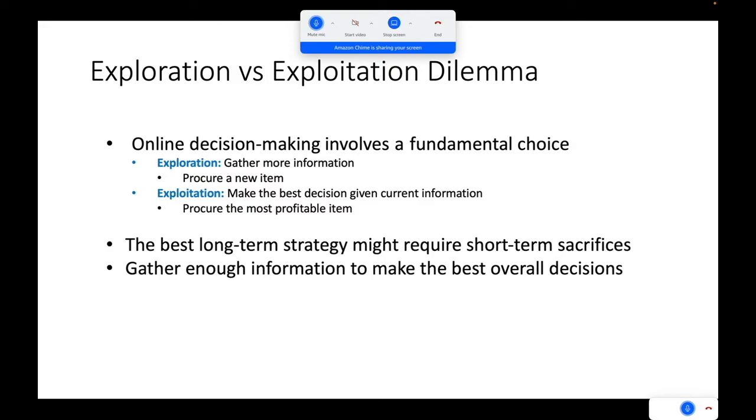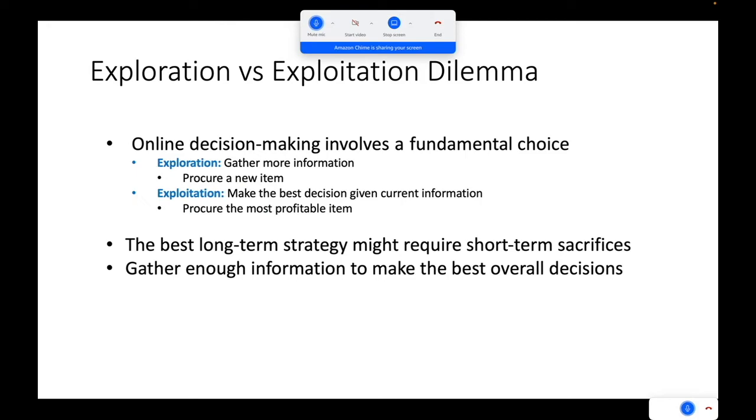Now, exploration is fundamental to any reinforcement learning problem, and this also introduces a dilemma. The decision-making system involves a choice between exploration, where we gather more information, we try out something new, and depending on whether it was a good or bad action, we collect a reward.